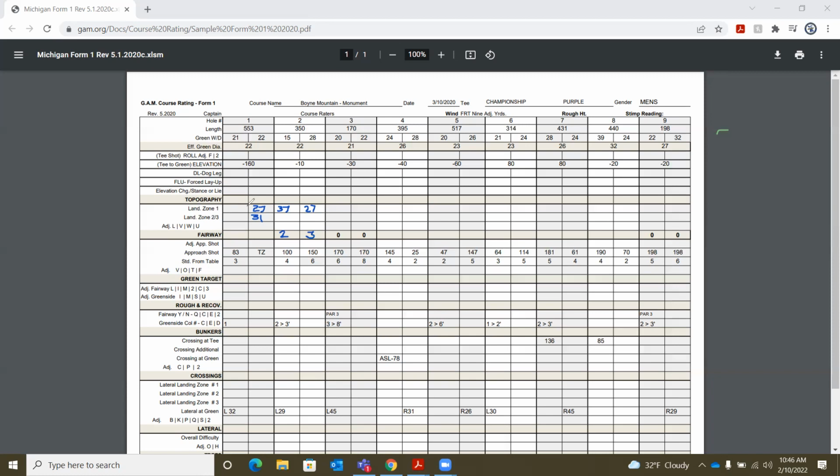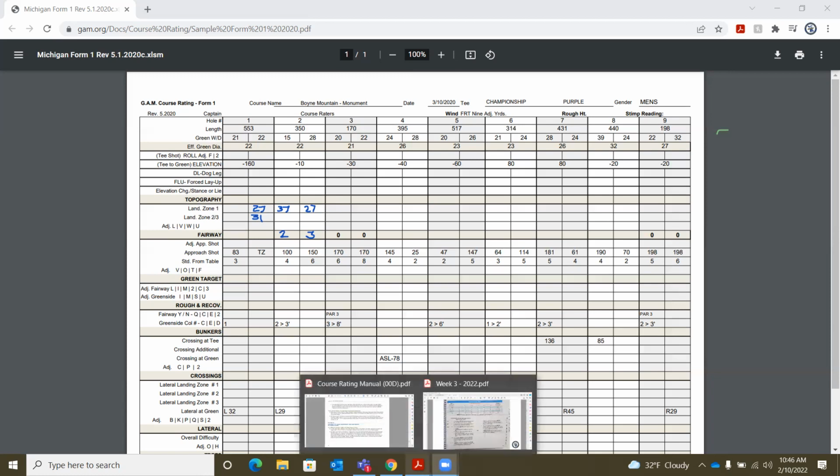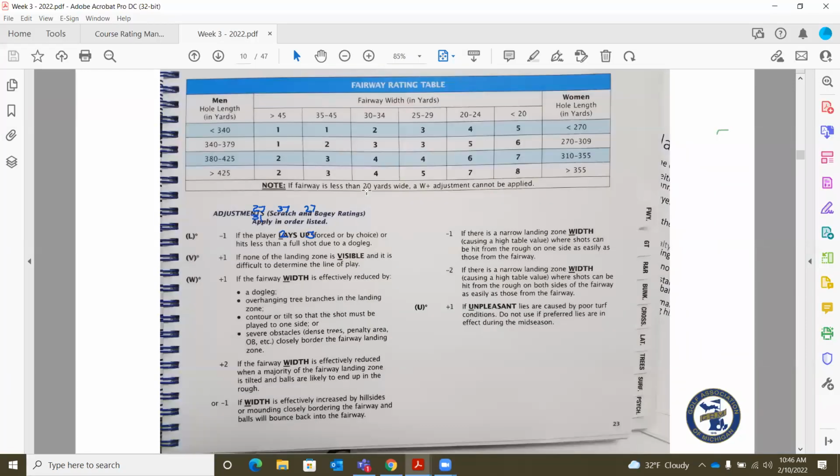You'll learn eventually that, if there aren't any adjustments, the value that's lowest, if you look at the chart, is the one that's going to end up on your sheet. So in a lot of cases, if you have a really low value right away when you're measuring fairways for your first landing zone, it's still good to measure the upcoming landing zones, because sometimes these adjustments can be shot specific. But typically if you have a really narrow landing zone, that one's going to be the one that ends up on the sheet.